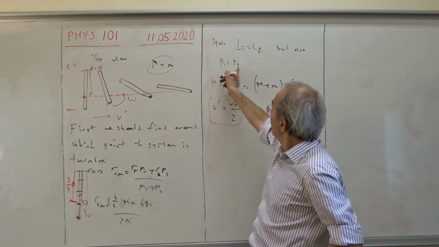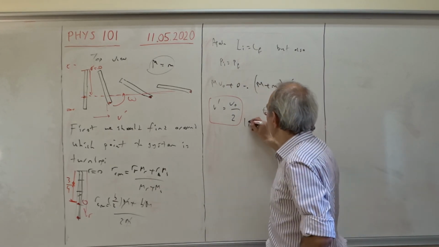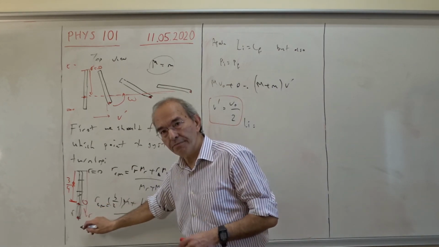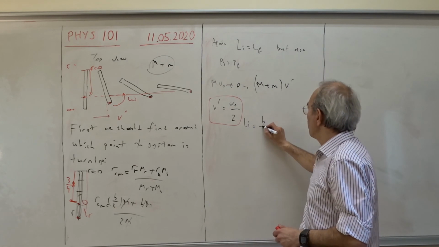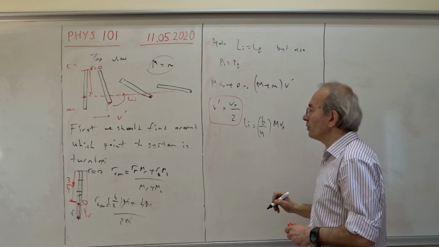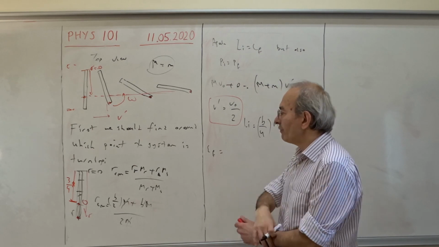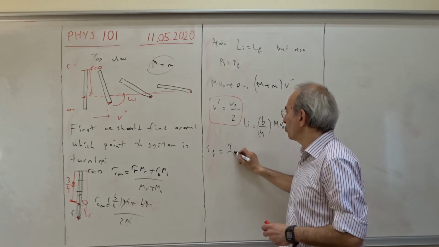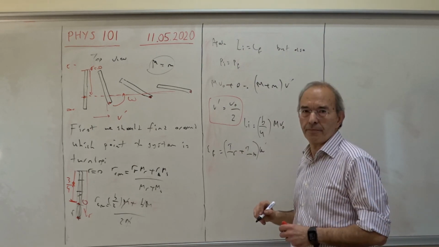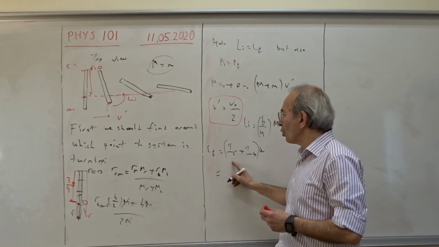Alright, now what about the Li equals Lf equation? What is Li? Now we will take this length as r, b over 4. It is b over 4 times the linear momentum, m times V0, for the initial case. But for the final case, we have two terms, I rod plus I bullet, multiplied by omega prime. Okay, so what is I rod?